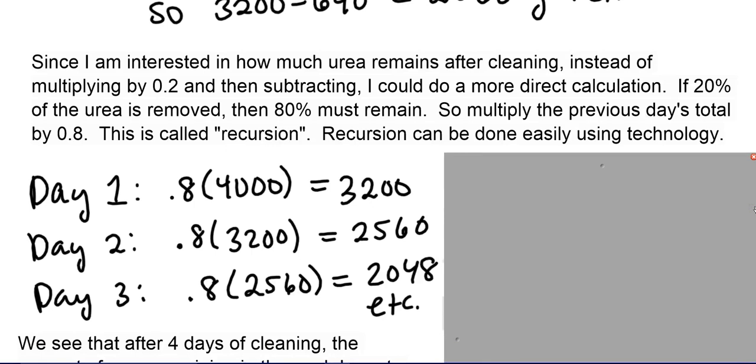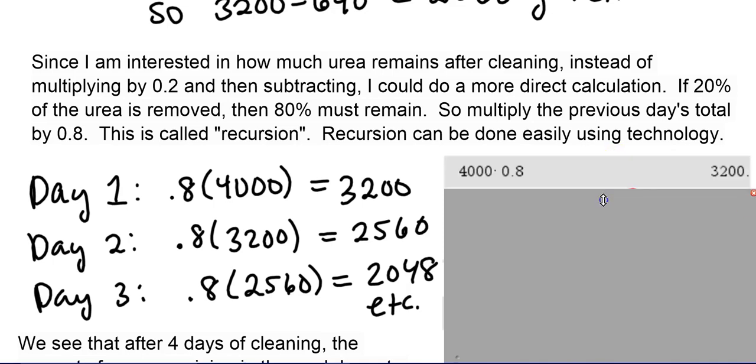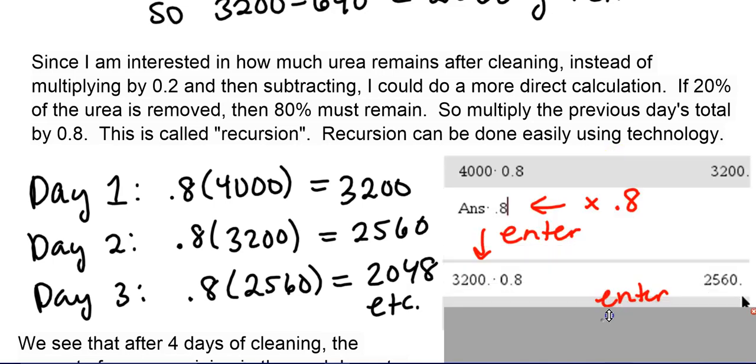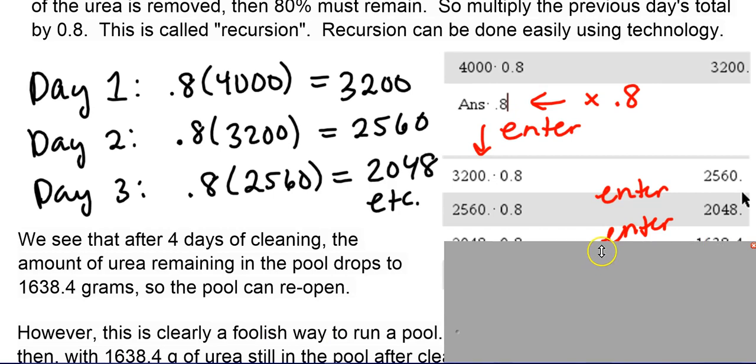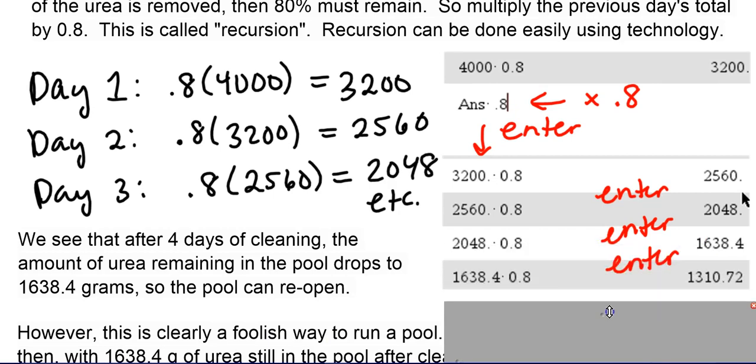Day 2, 0.8 times 3,200. Day 3, 0.8 times 2,560, etc. If we do this on the calculator, I want to show you live on a calculator here. We can see here that after 4 days of this, we've dropped below 2,000, so the pool can reopen.